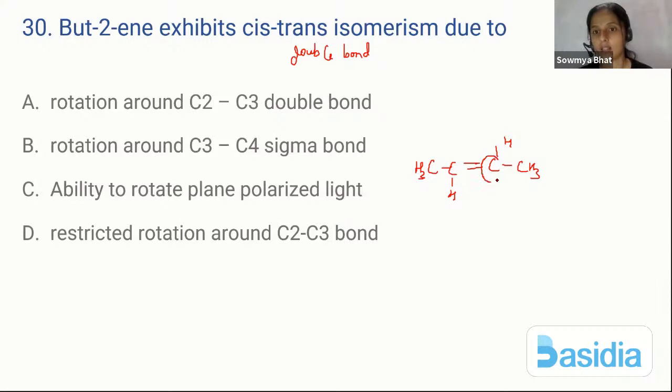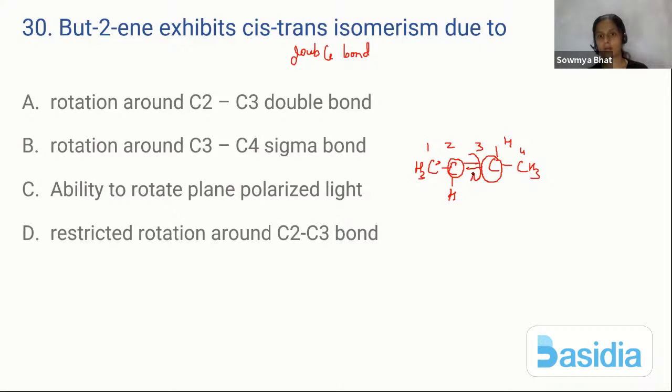So if you consider this carbon and this carbon, which is involved in the double bond 1, 2, 3, 4, what happens here is the carbon number 2 is attached to a double bond. Carbon number 3 is also attached to a double bond. But when you see the double bond, you can't rotate it clearly. Okay, the groups which are attached to 2 and 3rd carbon, they are different. So this can definitely exhibit as cis-trans isomerism.